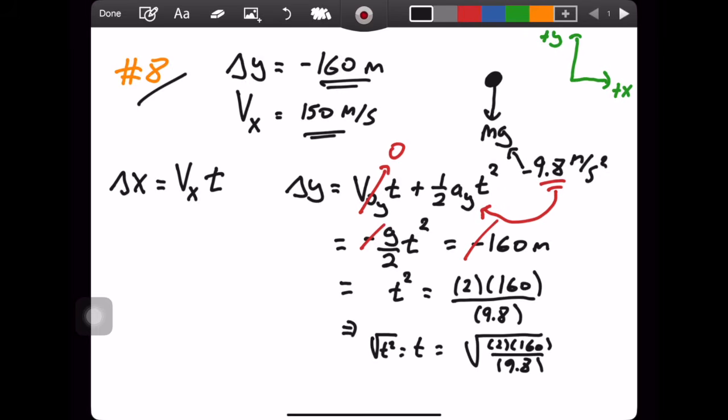And so when you plug these numbers in, two times 160 is 320. So we'll just keep this as 320 divided by 9.8. And I'm going to show you how we'll plug this back in. Because again, this is the time it takes to fall 160 meters in the vertical direction.